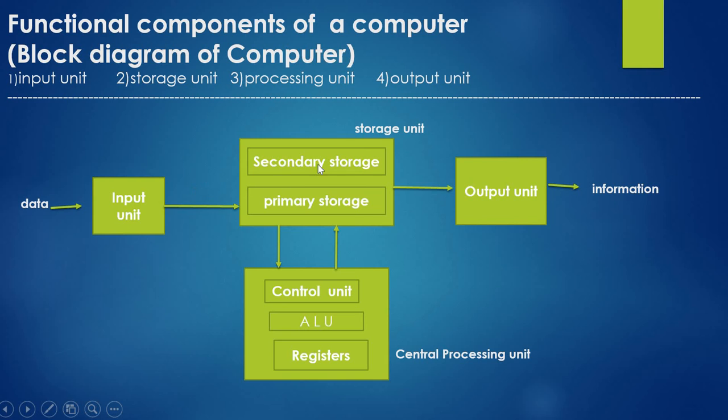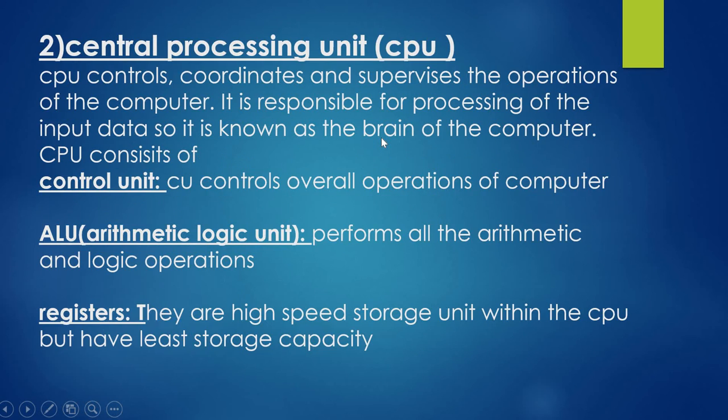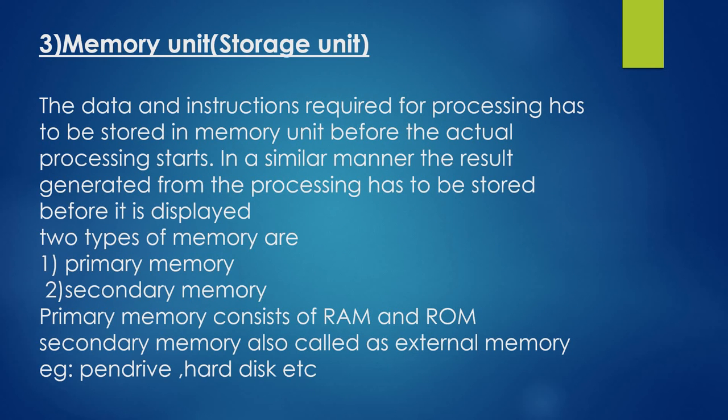And next, the storage unit. What is the purpose of this storage unit? The storage unit is also known as the memory unit. The data and instructions required for the processing have to be stored in the memory unit before the actual processing starts.